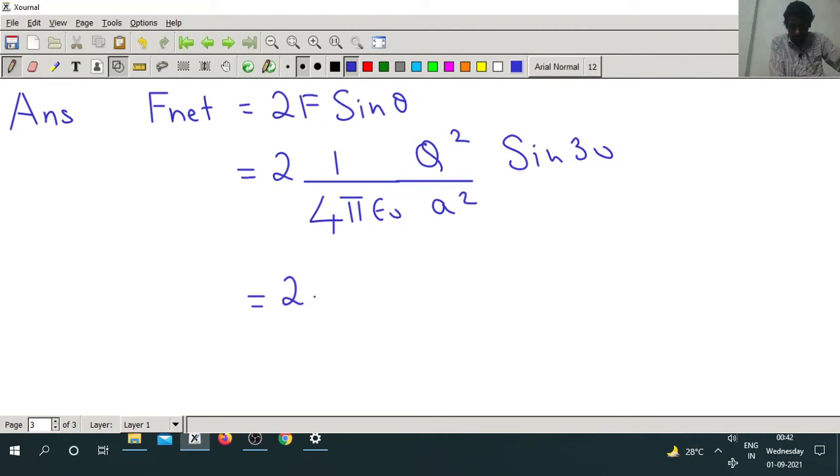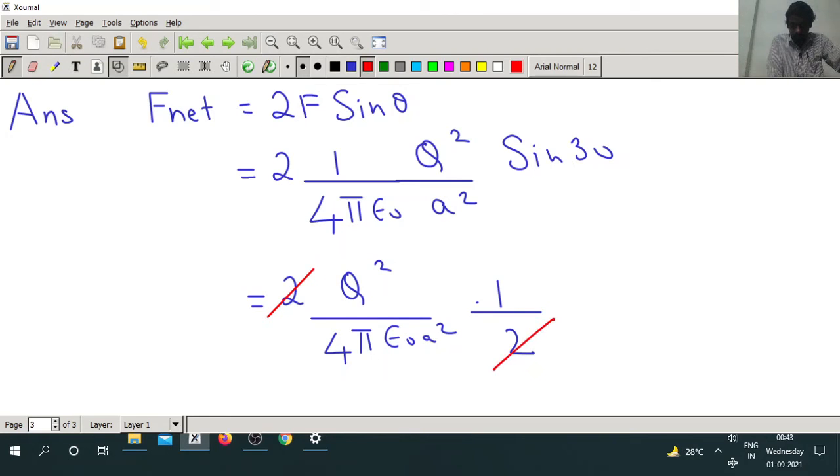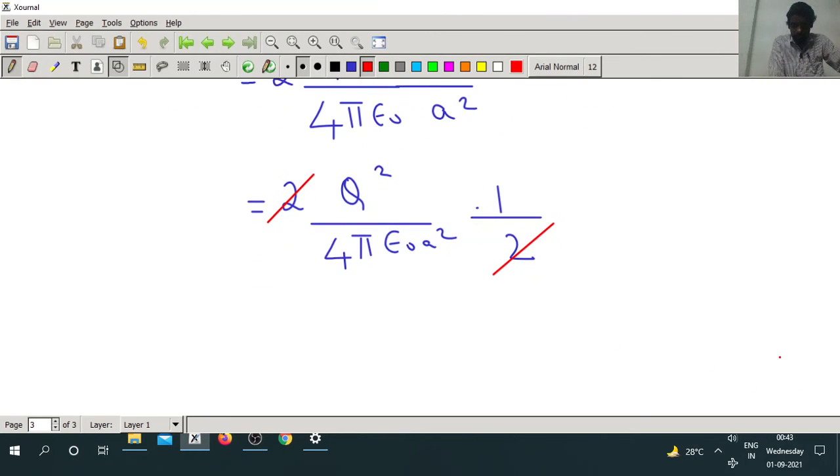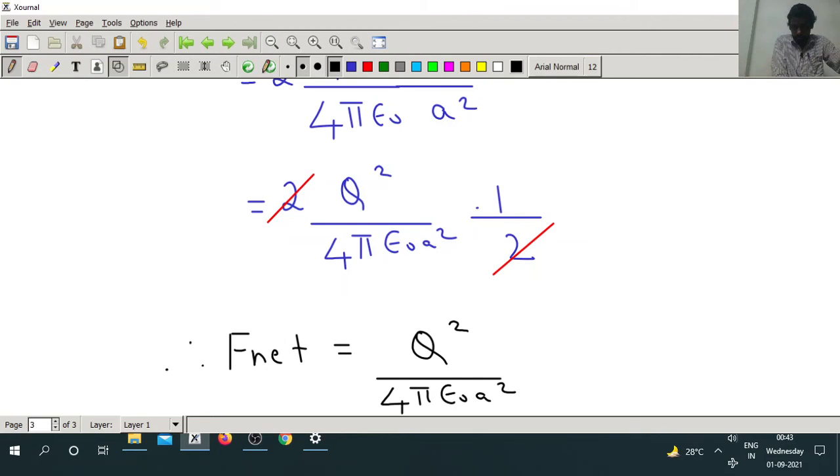So I will write 2 Q square over 4 pi epsilon naught A square into half, and therefore these two things will cancel, that is 2 and 2, and therefore the net force will be equal to Q square upon 4 pi epsilon naught A square.